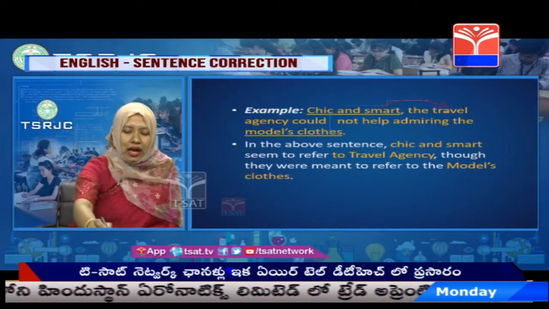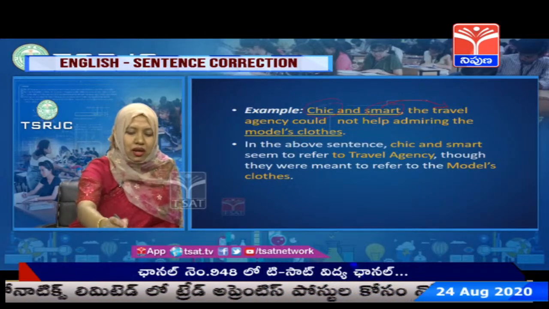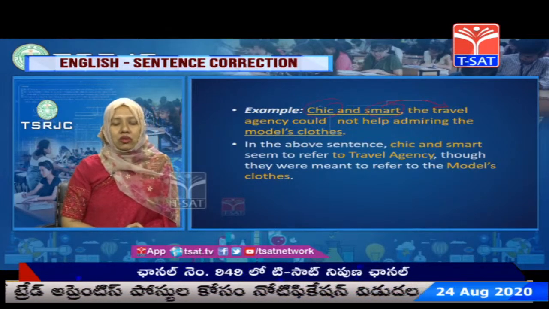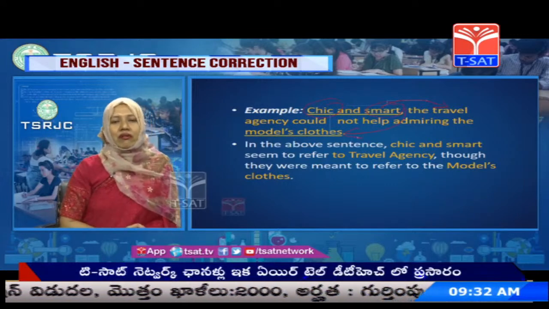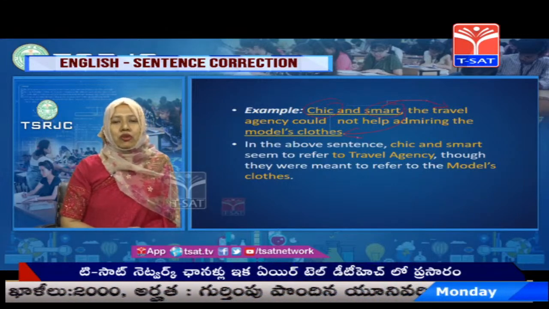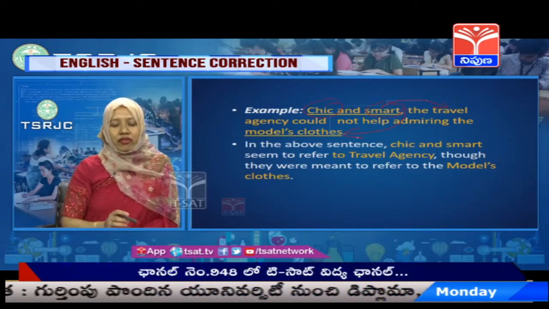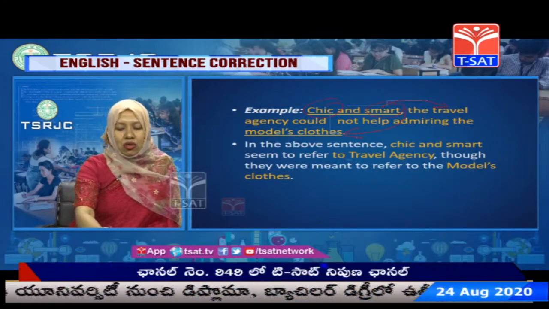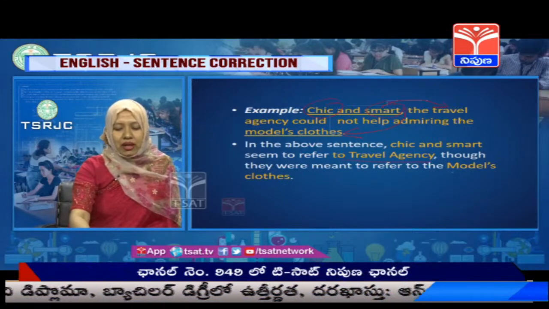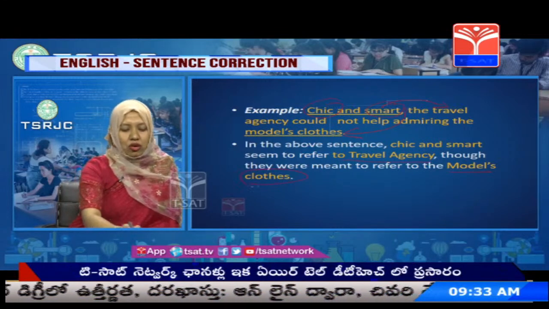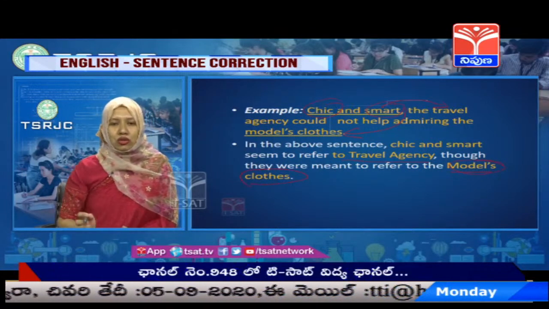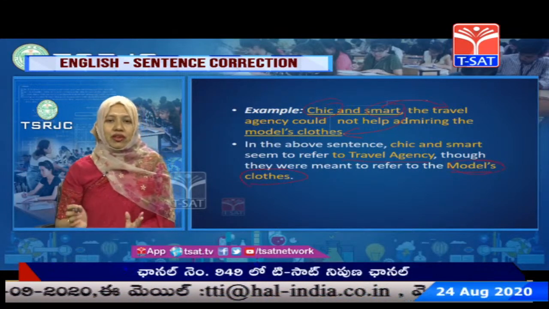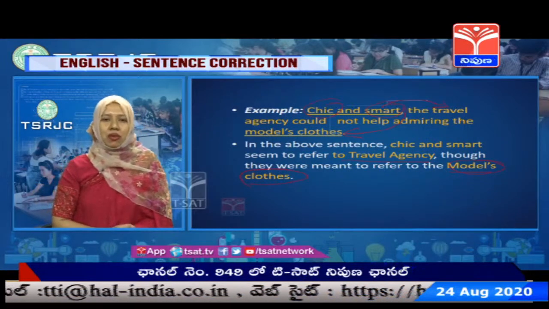Here this adjective, chic and smart, is talking about what? It is talking about model's clothes, not travel agency. So, in the above sentence, chic and smart seems to refer to travel agency, but it refers to model's clothes. We are talking about the clothes which models wear, they are very chic and smart.